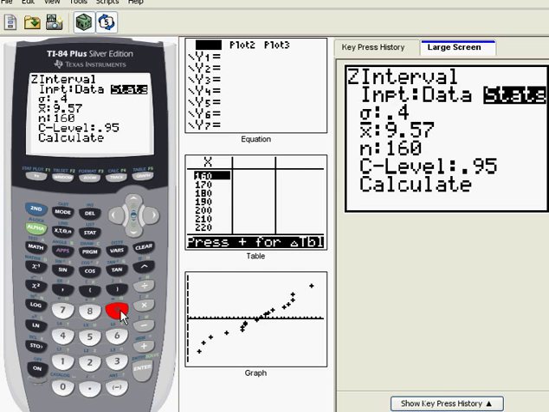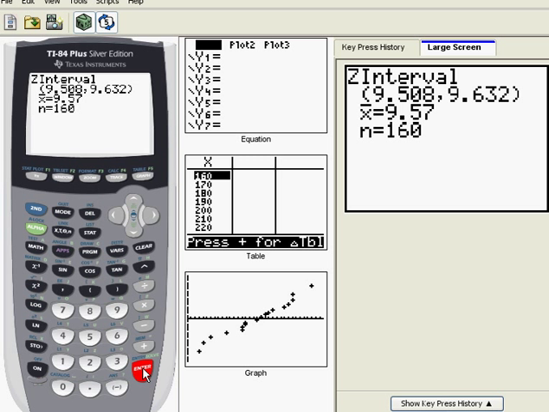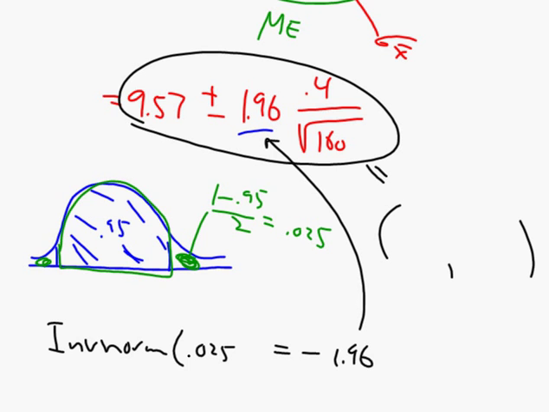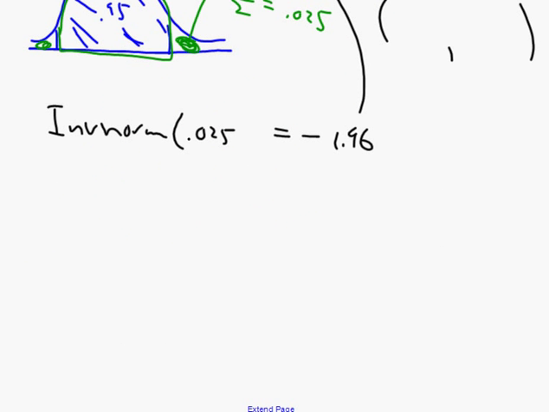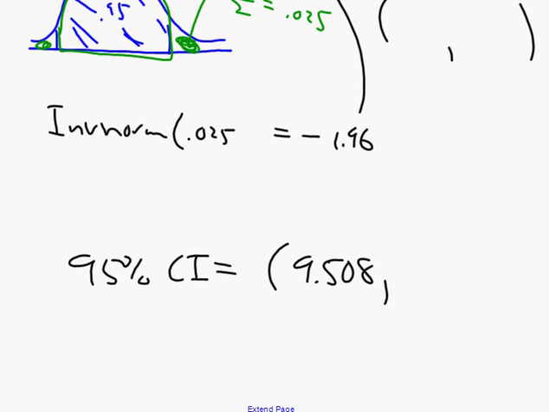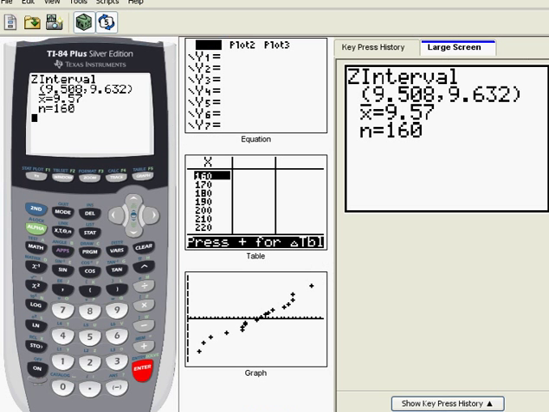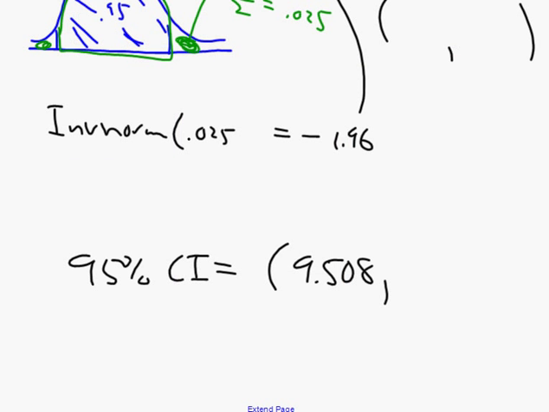There we go. Hit calculate. And there's your confidence interval. 9.508 to 9.632. So our 95% CI is 9.508 to 9.632.